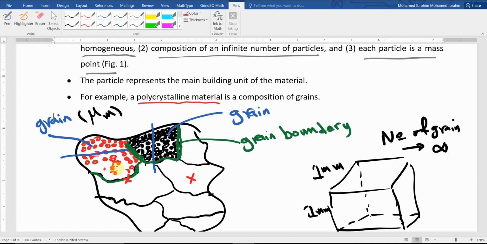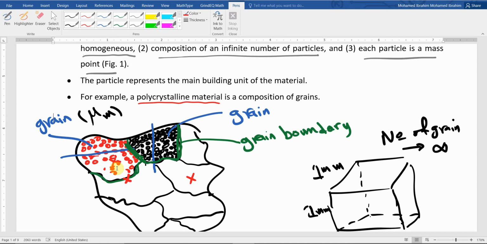But if we look at the material from the bigger scale, the macroscopic scale, we will see that this material is in fact almost 100% homogeneous. It is fine to assume that this material is homogeneous, but this requires some conditions: the size of the grain in comparison to the size of the entire material should be infinitesimal. It means it should be very, very small in comparison to the material.